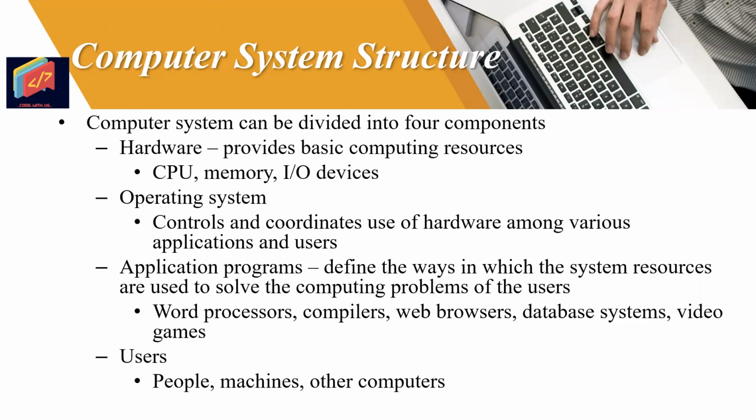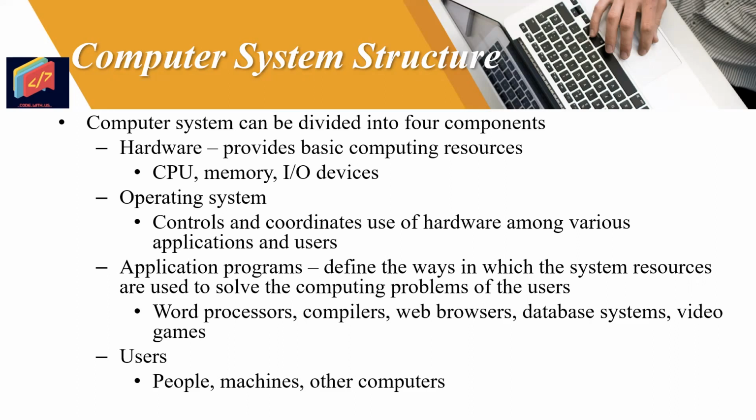Coming to the application programs, they define the ways in which the system resources are used to solve the computing problems of the users. Application programs are like word processors, compilers, web browsers, database systems, and video games. I think everyone got what application programs are, like word processors such as Microsoft Word, and compilers, we have the Java compiler, JRE, and web browsers like Google Chrome, Yahoo, and so many such cases.